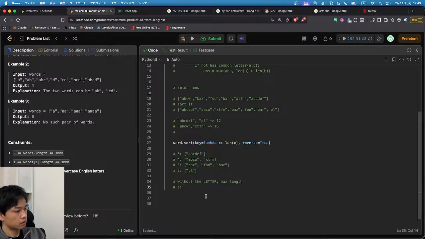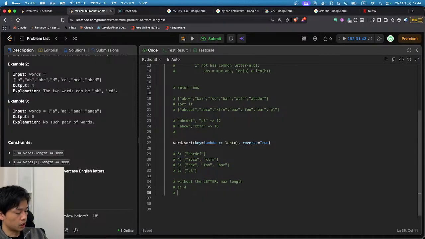Without A we can get length 4 because there is XDFN, which doesn't contain A and its size is 4, right?